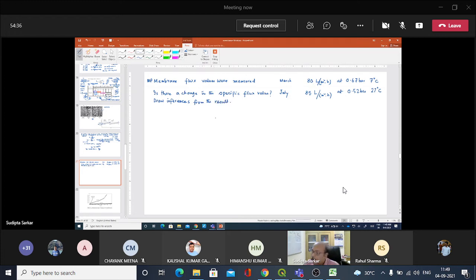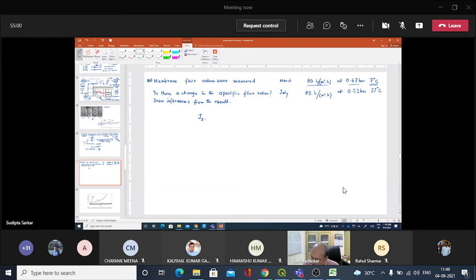Let us try to find out what the flux will be. This is 80 liter per meter square hour at 0.67 bar at 7 degrees centigrade. Let us convert it into 20 degrees centigrade.